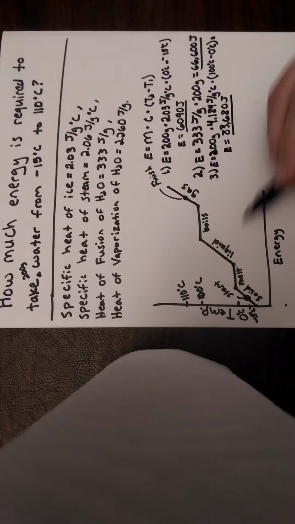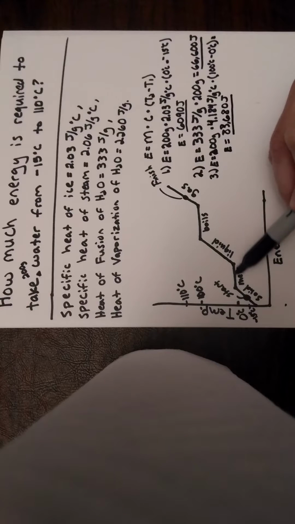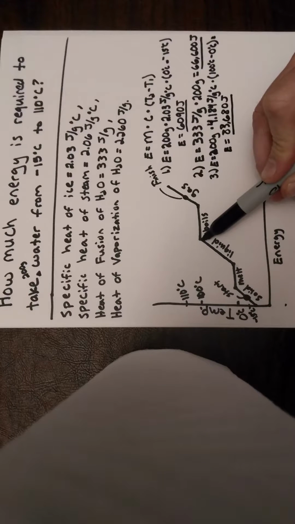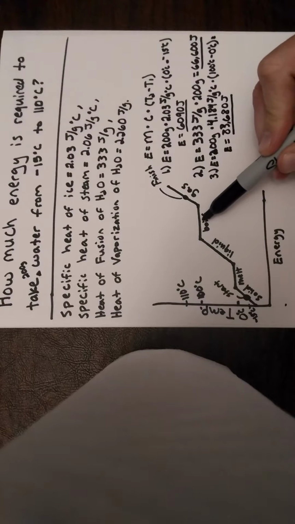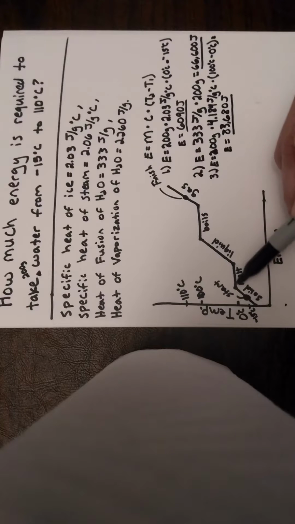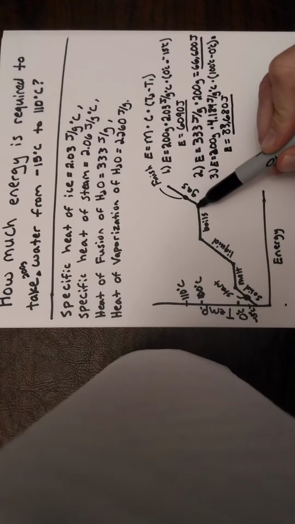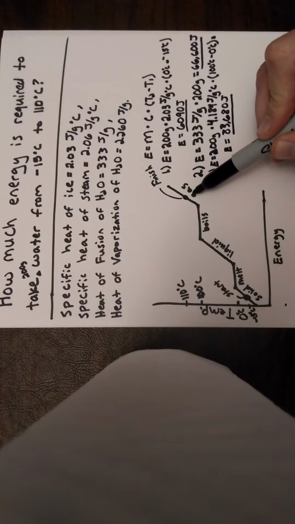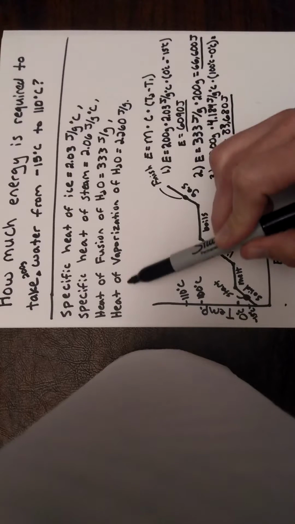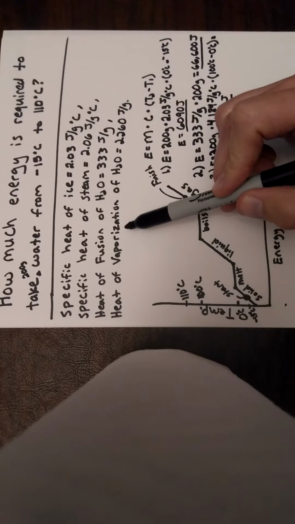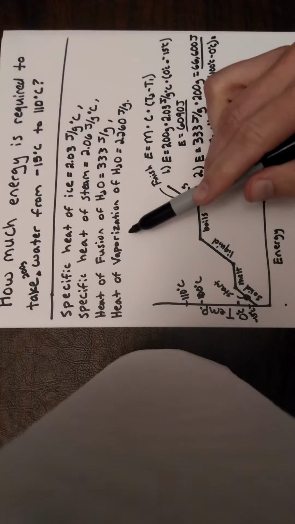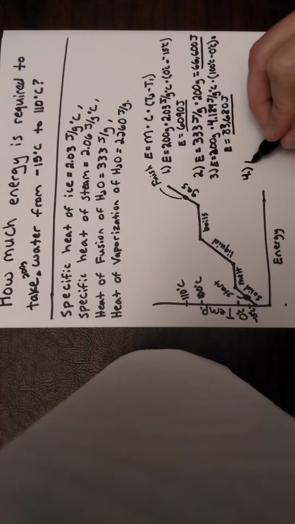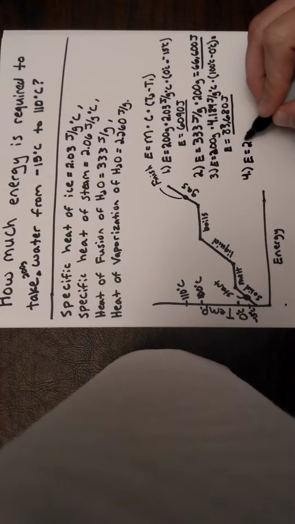So we've done step 1, step 2, step 3. We're not yet to our finish point, so we now have to do another horizontal one, which is going to be a heat of something. We did heat of fusion already to fuse it as a solid. Now we need to vaporize it, go from liquid to gas. So we need the heat of vaporization. So step 4 is going to be this number, 2,260.